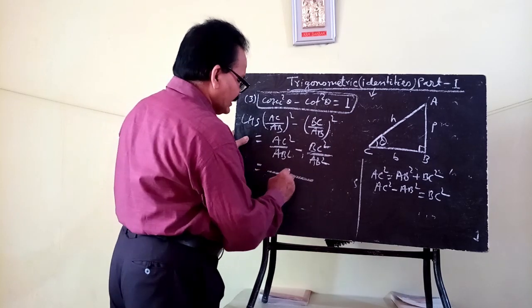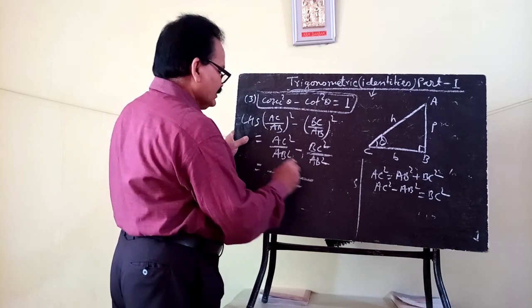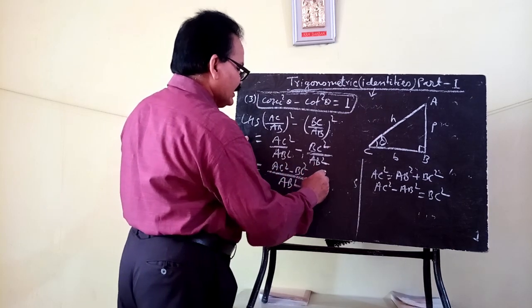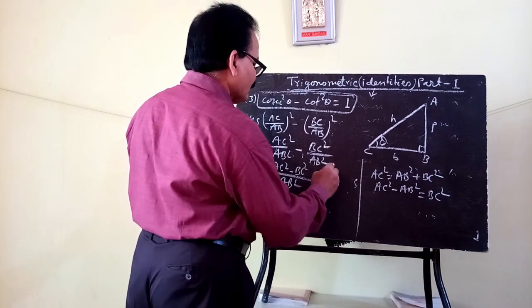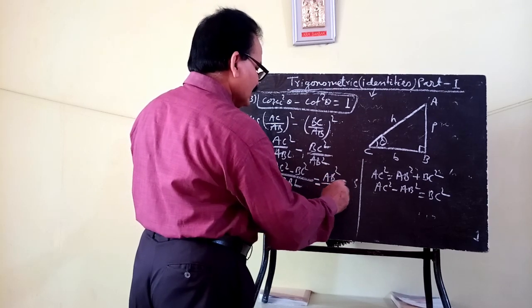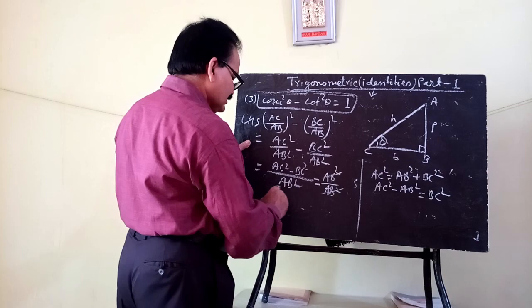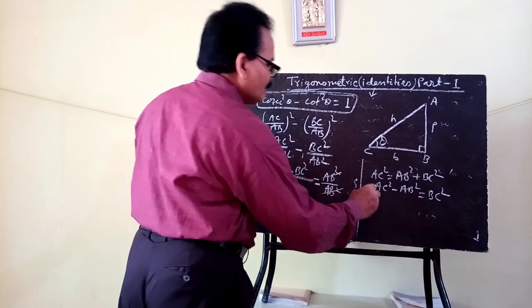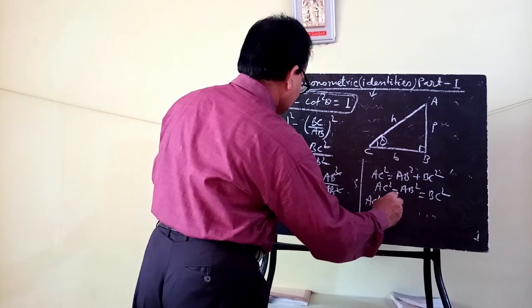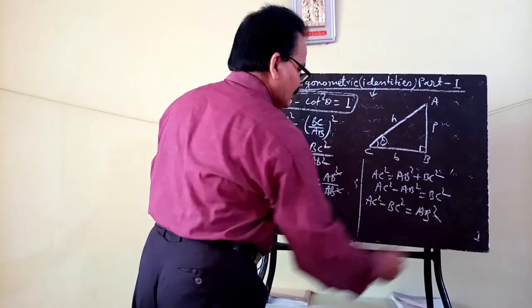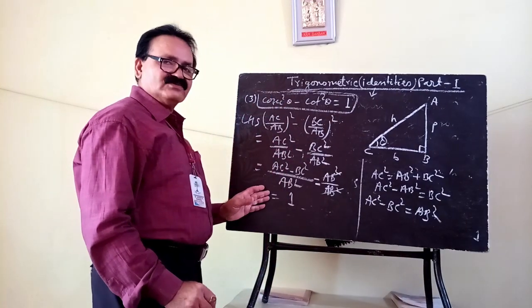Similarly, you can take LCM AB square. Here you will have AC square minus BC square, and finally you have got AB square by AB square, and AB square cancel, so this will be again 1. Because you see here AC square minus BC square is AB square by Pythagoras theorem. So again it is 1.